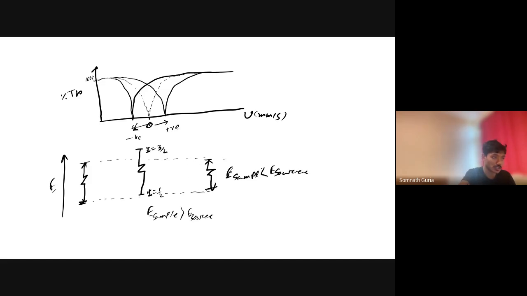Whenever we are getting the negative velocity, here we require the positive velocity. Okay, and this will be my E sample.